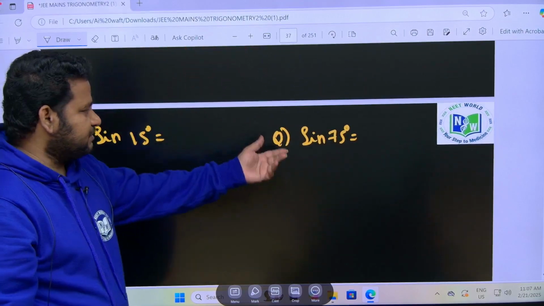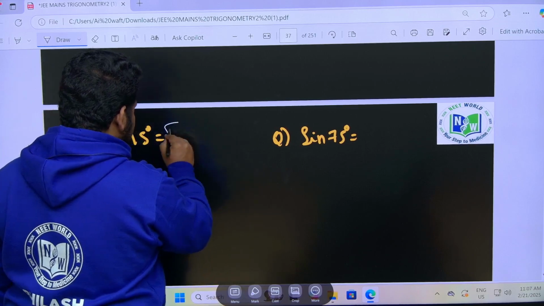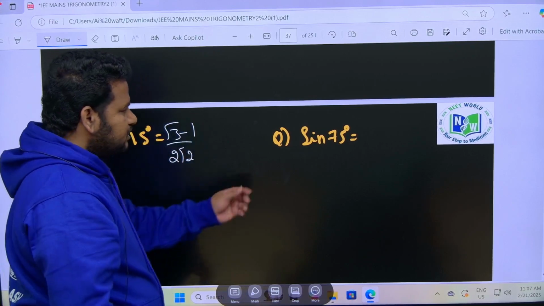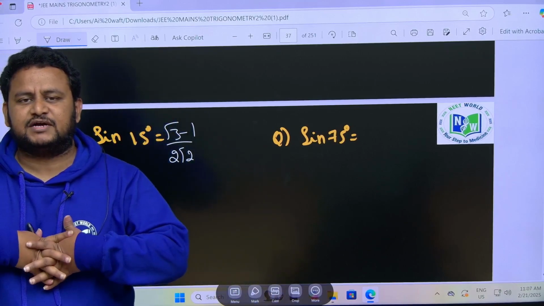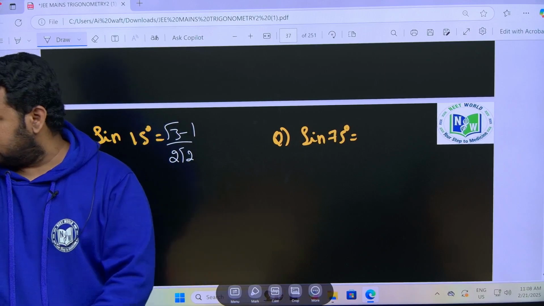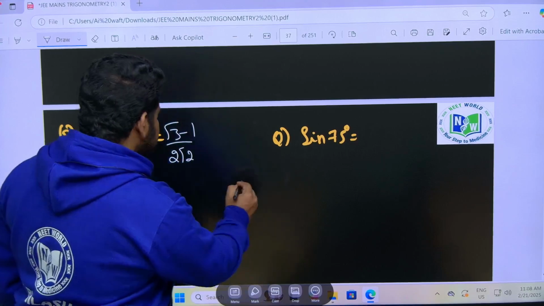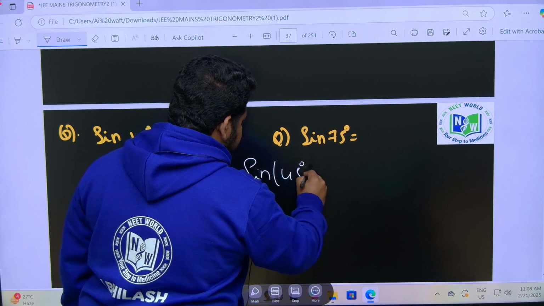They have given sin 75. How to get this? From sin 15, I already told you how to derive it, root 3 minus 1 by 2 root 2. Suppose you want sin 75, how to do this? Sin 75 can be written as sin 45 plus 30.